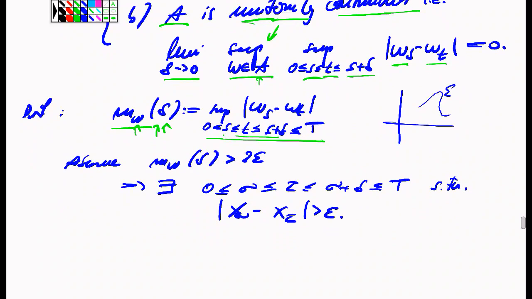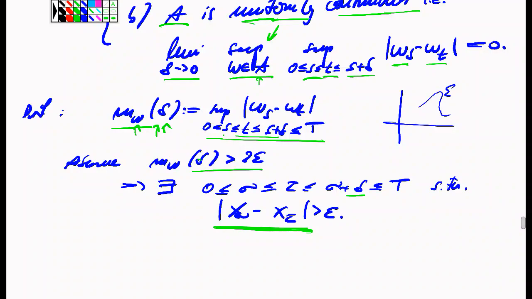Okay, and suppose now that for a given level delta, the modulus of continuity is greater or equal than 2 epsilon, say, then it's easy to find stopping times sigma and tau, which are no further away than delta, such that the evaluations of these two different stopping times differ by at least epsilon.